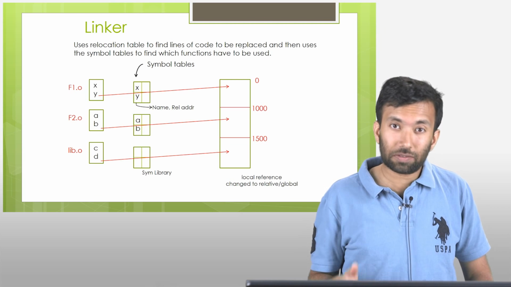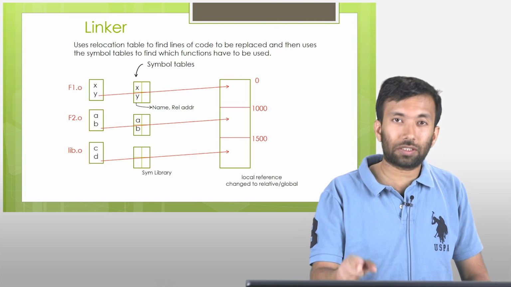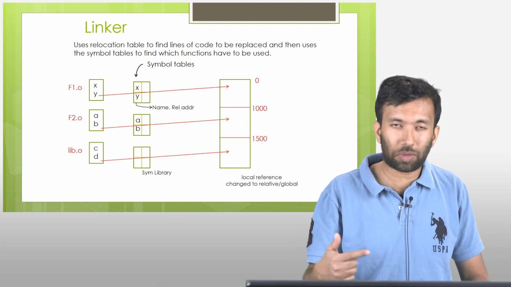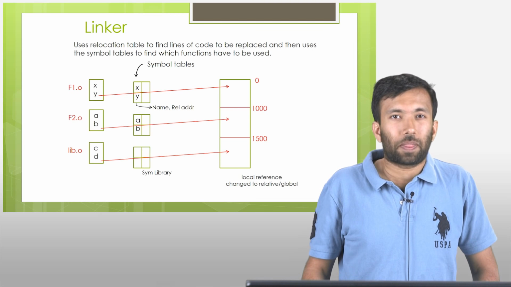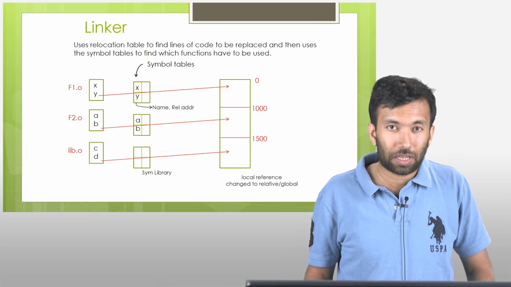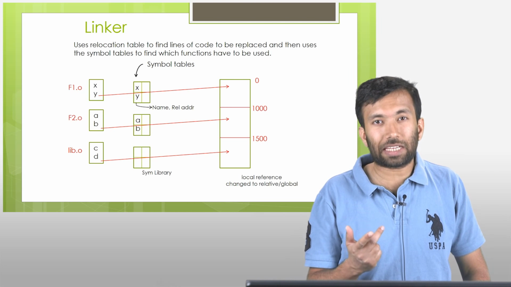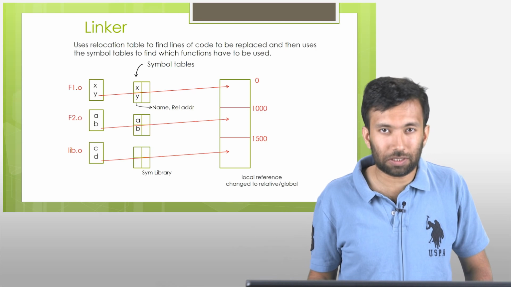It assigns the relative addresses to the code, and these relative addresses start from 0, are incremented by 1, and might end in a very large value. Then it goes to the relative references and converts the tags using the relative addresses of the functions that it has just copied.